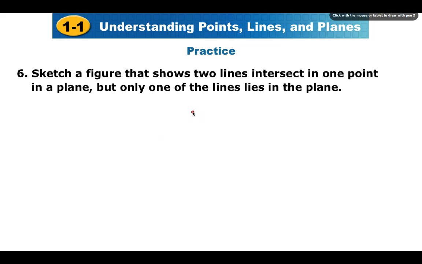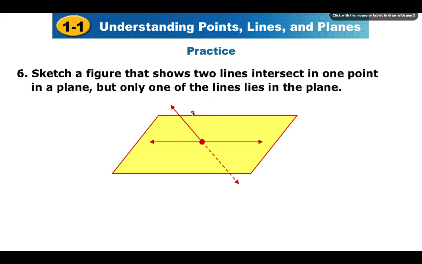So this is a little bit tricky, but look at this drawing. 2 lines that intersect, but this line only intersects the plane, this yellow plane, at exactly 1 point. This is like, I don't know, like a knife going through this yellow plane, and it only crosses the plane at this point.